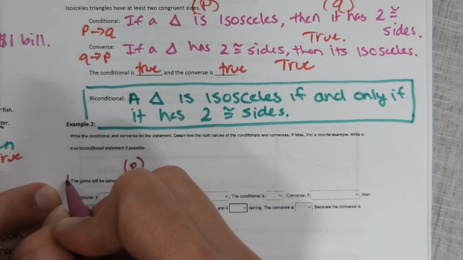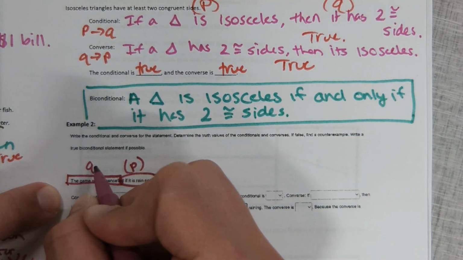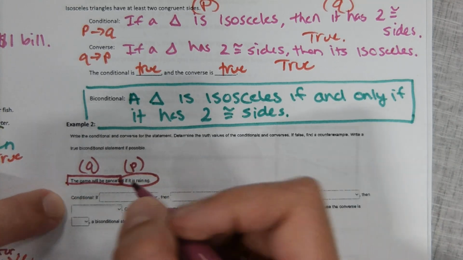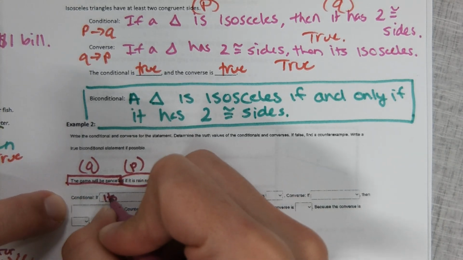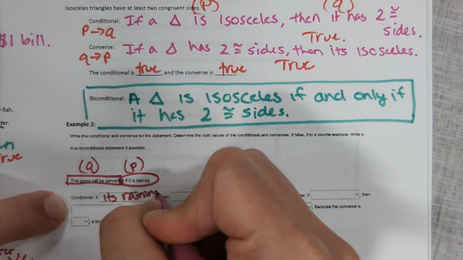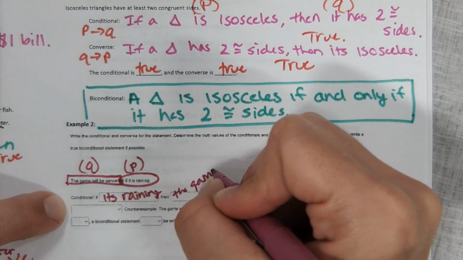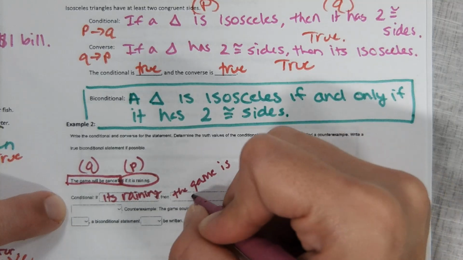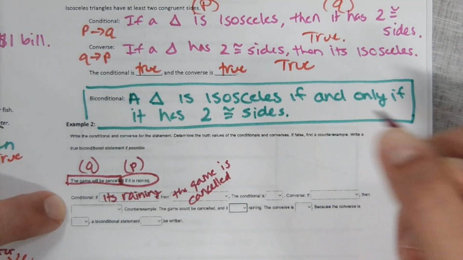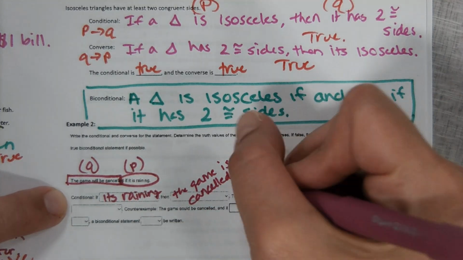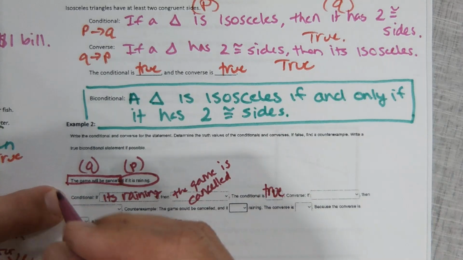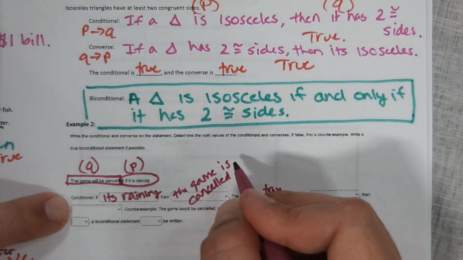The game will be canceled, that's our conclusion, our Q. So if it's raining, then the game is canceled. So that is true based on what it told us.